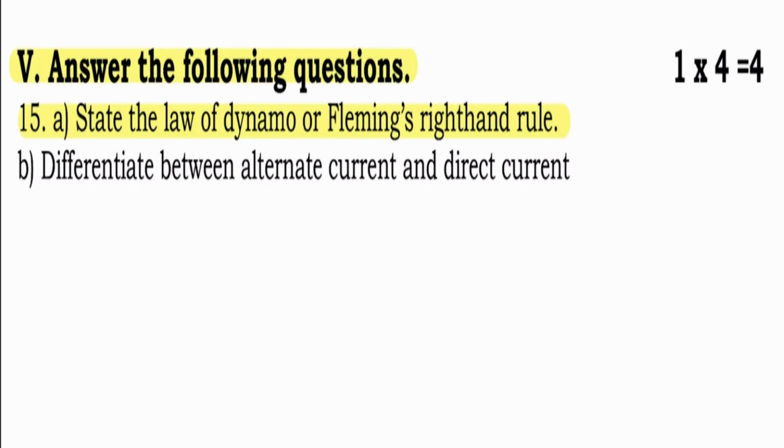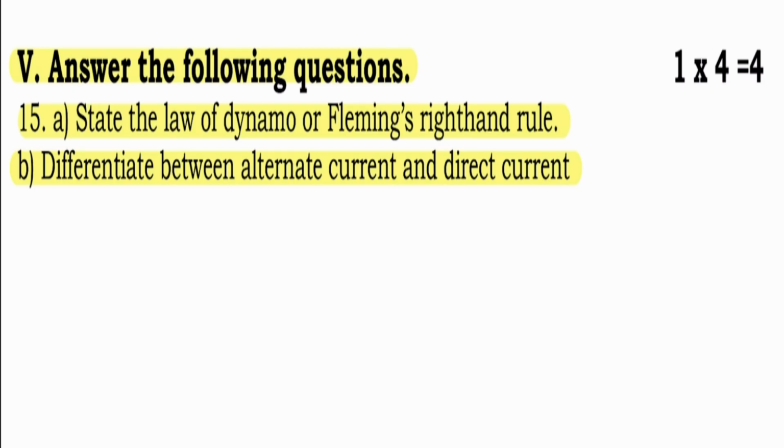Next question. B. Differentiate between alternating current and direct current. The difference between alternating current and direct current is that alternating current periodically reverses direction and voltage alternates between positive and negative values, varying over time. Alternating current is efficient for long distance transmission due to the ease of voltage transformation within transformers.